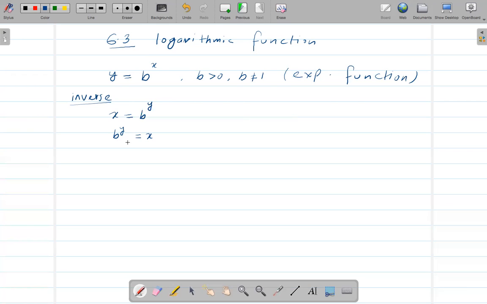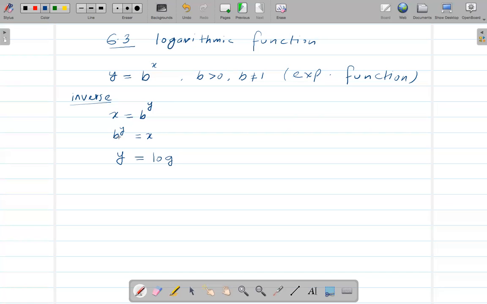Now the way we change this to a logarithmic function, I'm pretty sure you learned this in algebra. Again, this is going to be a review. The thing we have on the power, y, is equal to, now we can introduce log base.